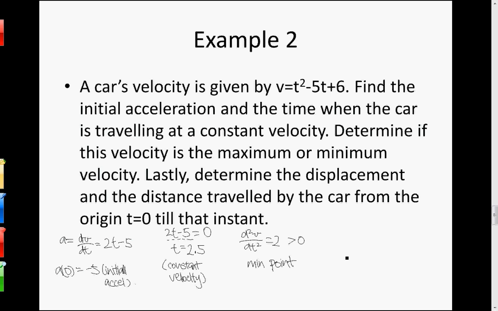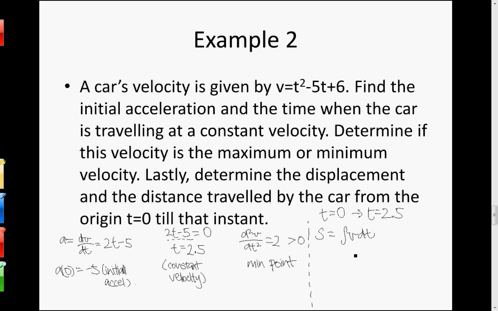Last but not least, I have to determine the displacement and distance traveled by the car from the origin, t equals 0, till that instant where it is at the constant velocity. So I want to find from t equals 0 to t equals 2.5. How much has the car traveled? In this case, to find distance, we have to integrate v dt.